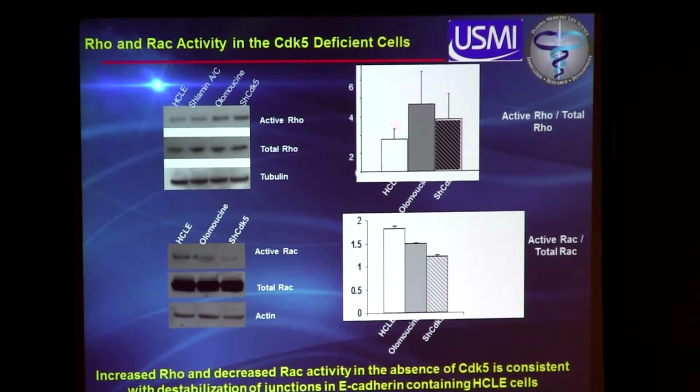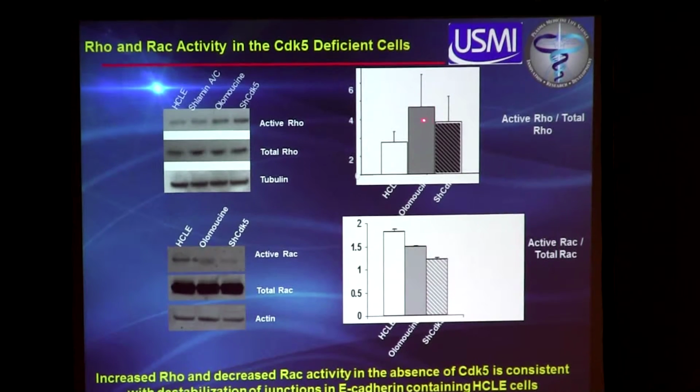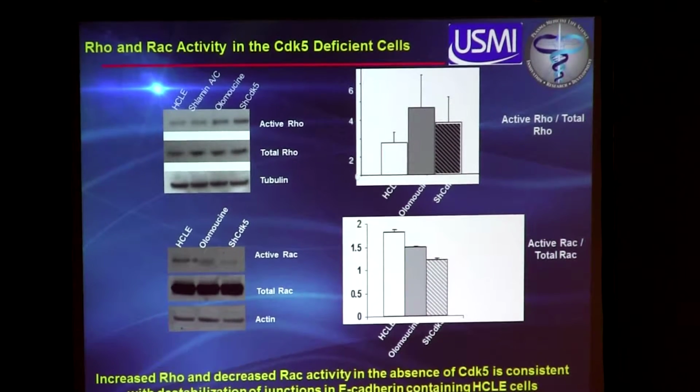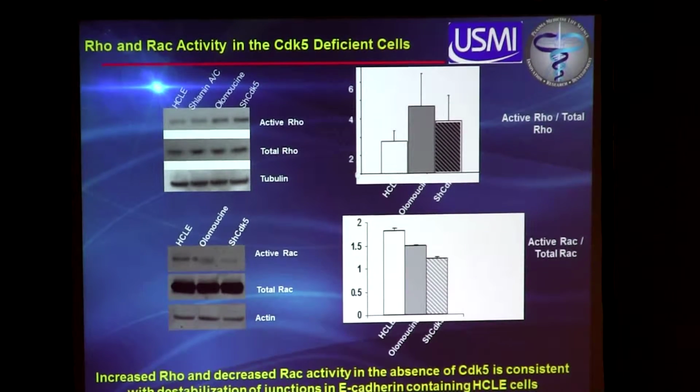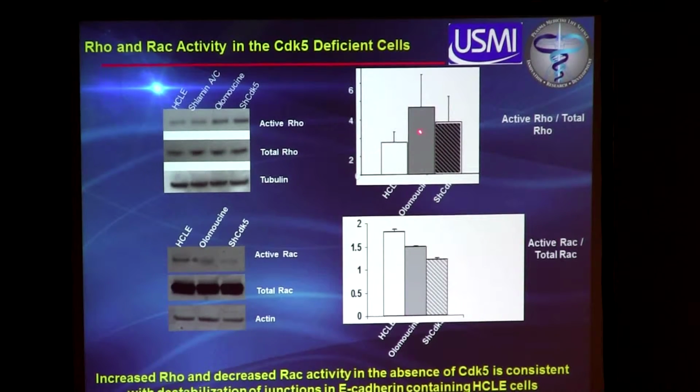In the literature, it says that an increase in Rho activity is associated with cell migration because the cell cytoskeletal proteins change. The alpha-actinin in the cells is reduced, and other proteins like IQGAP will go up, making the Rho activity go up as well. So that's what we see in this slide here.